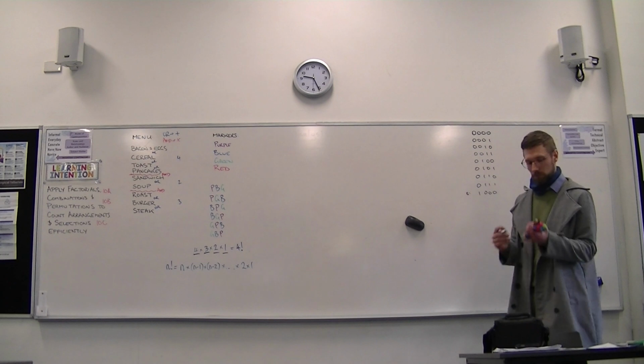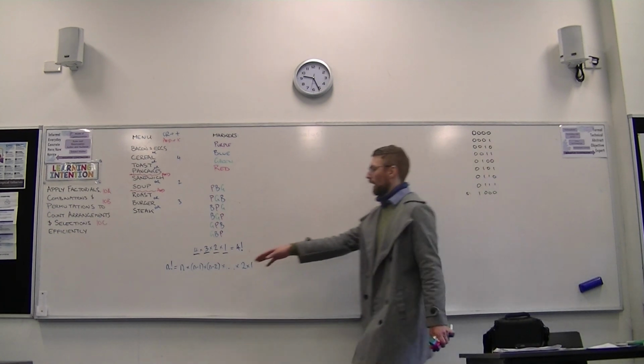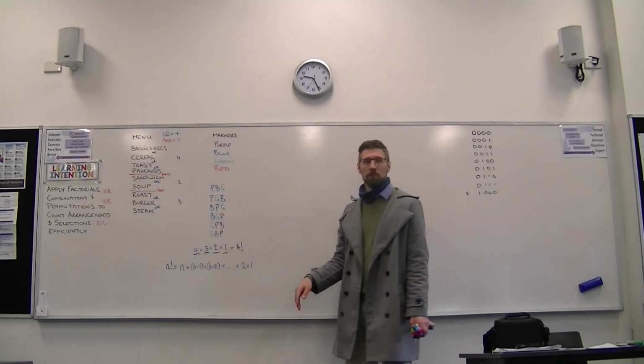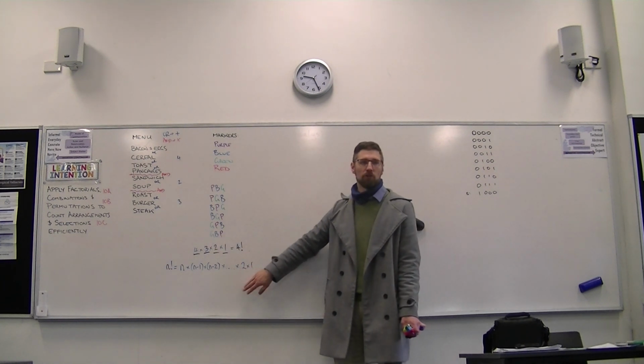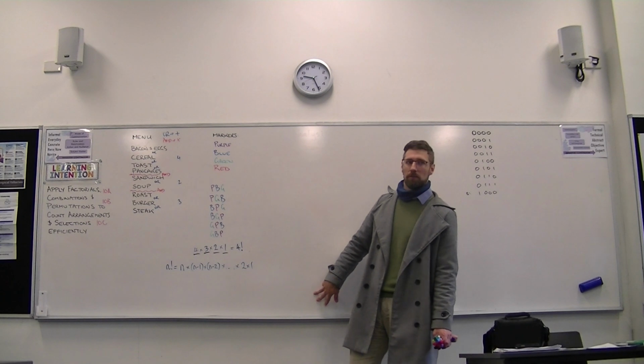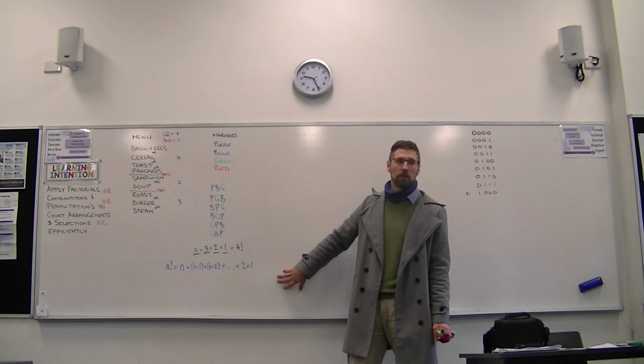What do you mean 2 times 1? So assuming that n is bigger than 2, it'll keep going down the chain until eventually it ends in 4 times 3 times 2 times 1. That's all I mean by times 2 times 1.